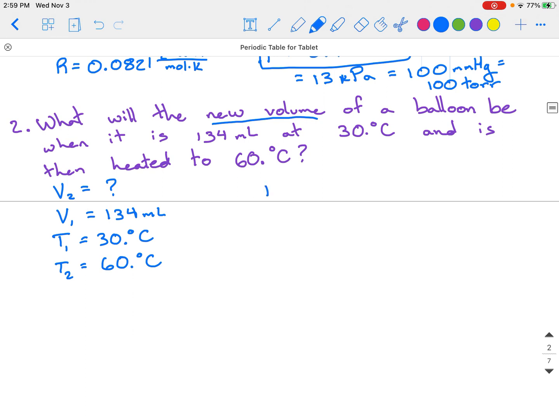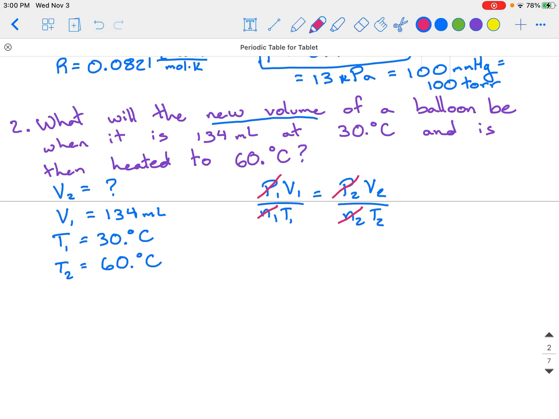We're going to use our P1V1 over n1T1 equals P2V2 over n2T2. If I don't give you something in the problem statement, such as n, we assume it hasn't changed. So we can say they're equal, and they can then be crossed out. Same goes for the pressure.